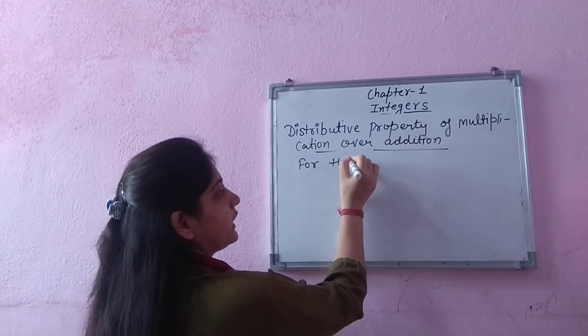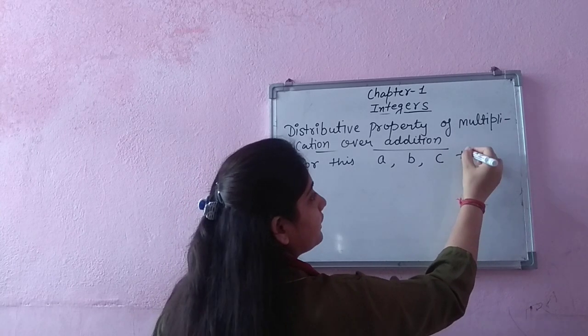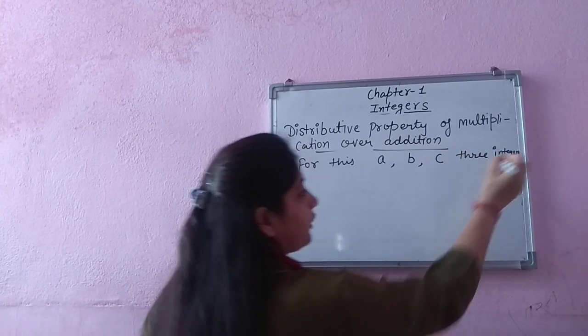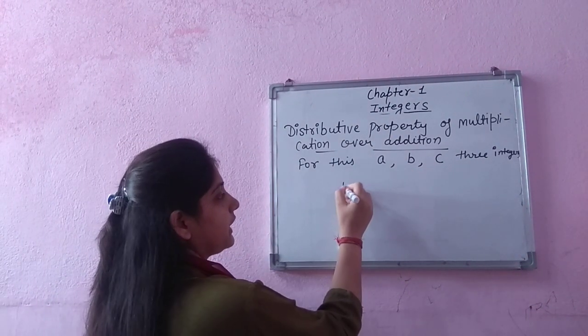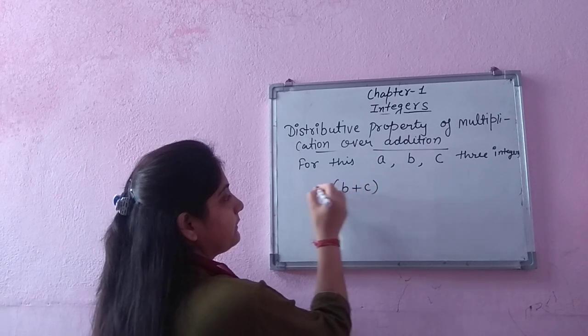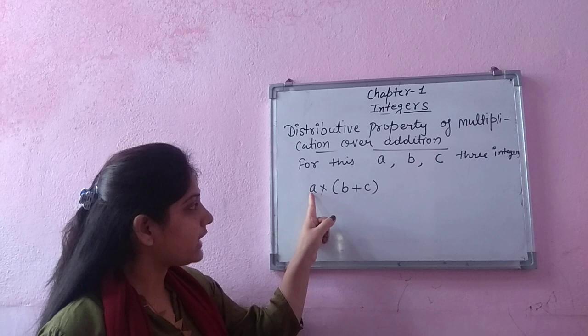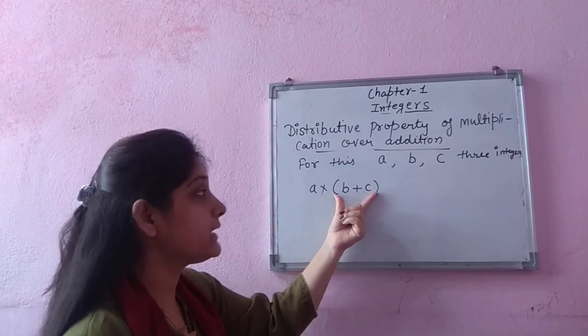We are taking A, B, C, three integers. Now, suppose I'm going to add the last two and then multiply this with the first one. So you can see I have to multiply the outer integer with both integers that are inside.